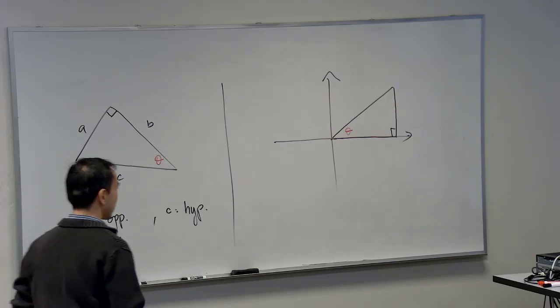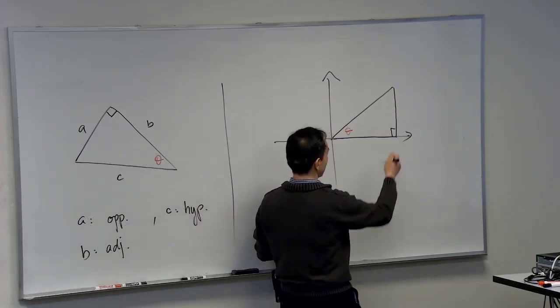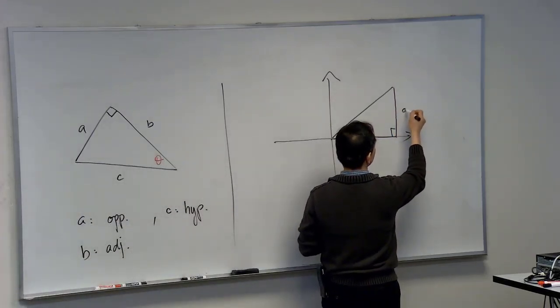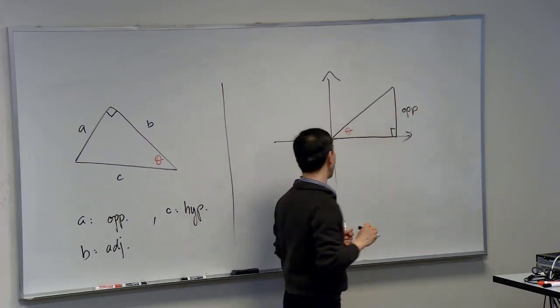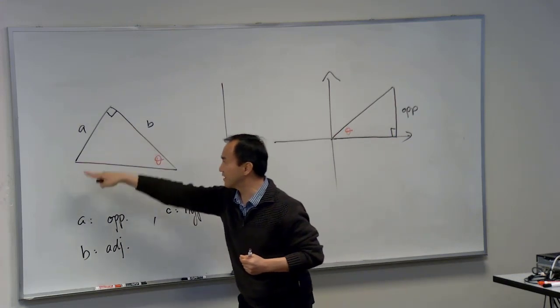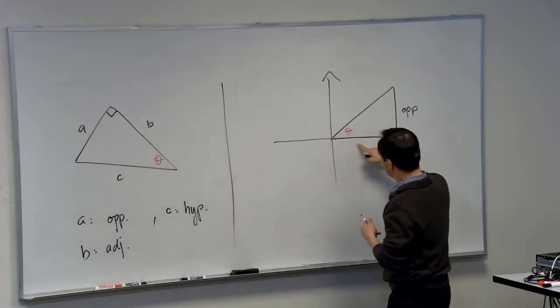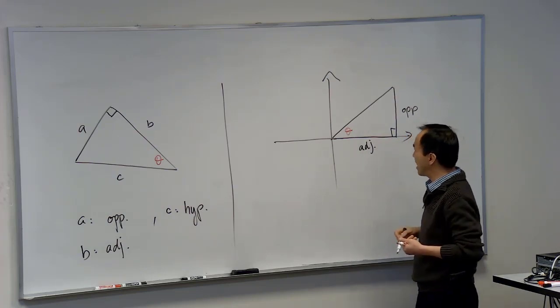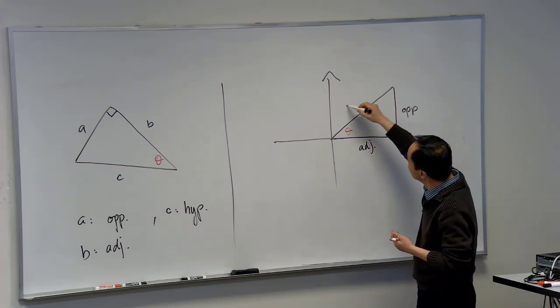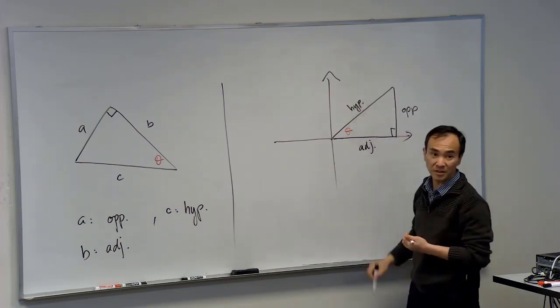And so right here, what do you see? This is the opposite, and that was the length A. And then the adjacent is here. The way we name the sides is not even important, but this is the hypotenuse.